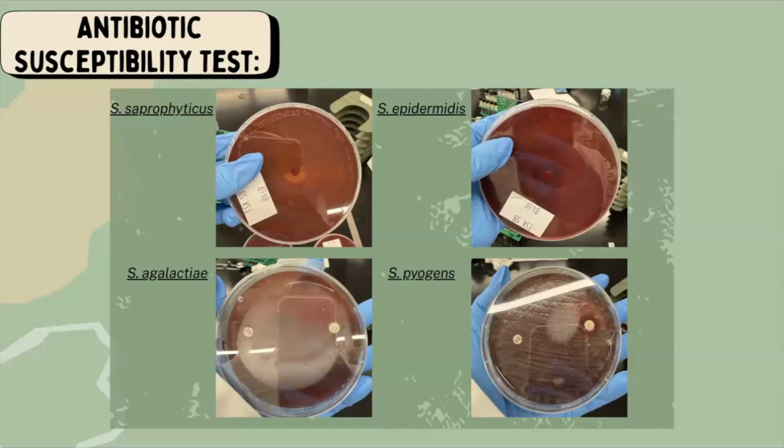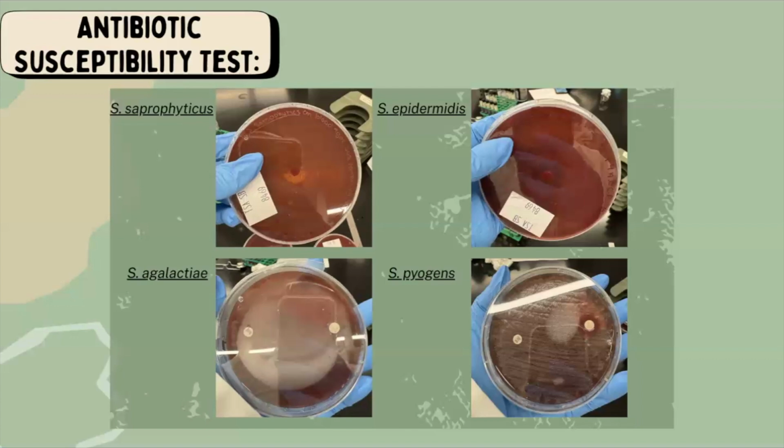For S. saprophyticus, with the novobiocin, we saw a tiny zone around it, which is expected. And we classified that as resistance. For S. epidermidis, we saw a large zone with the novobiocin, so we interpret that as sensitive, and that was expected. For S. agalactiae, for the bacitracin, we saw a small zone around it, which was classified as resistant, and that's expected as well.